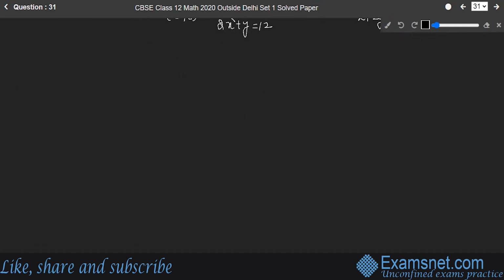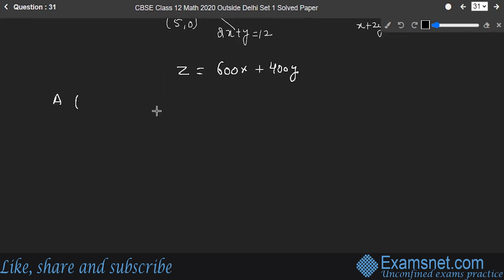Let's say Z is equal to 600x plus 400y for the first point A, which is 5, 0. Z is equal to 600 into 5 plus 400 into 0, which is equal to 3000.